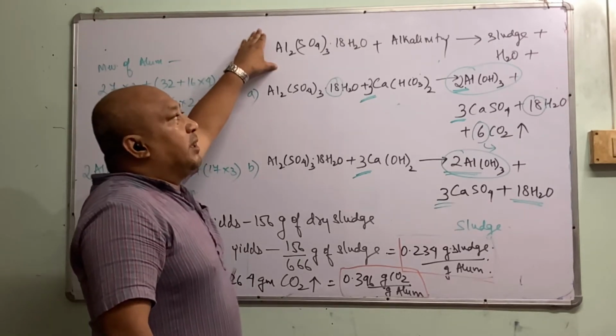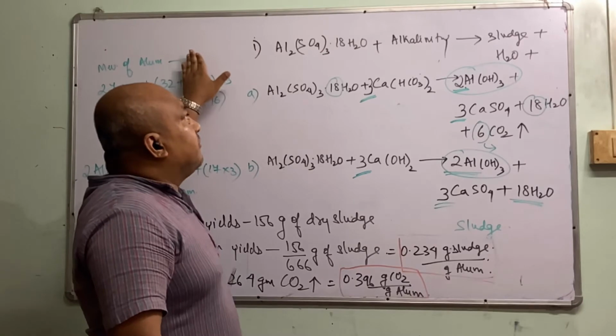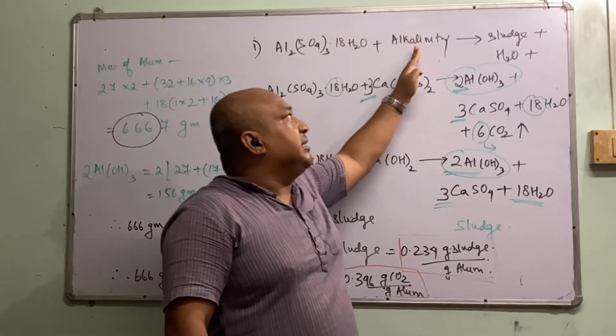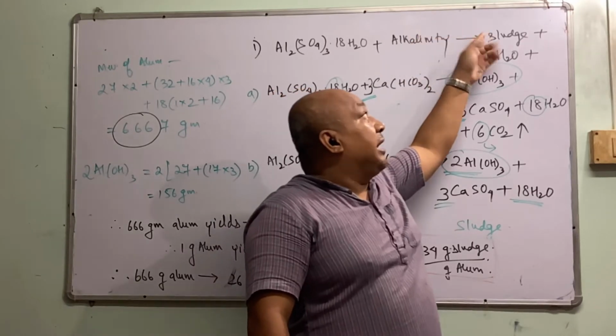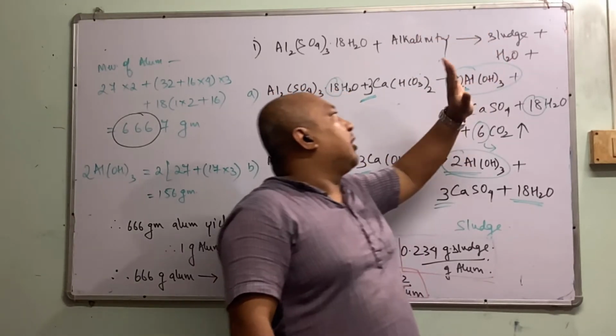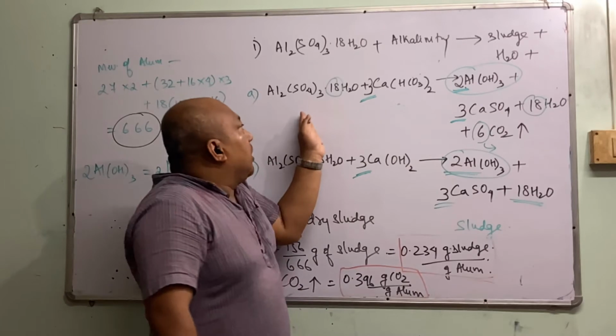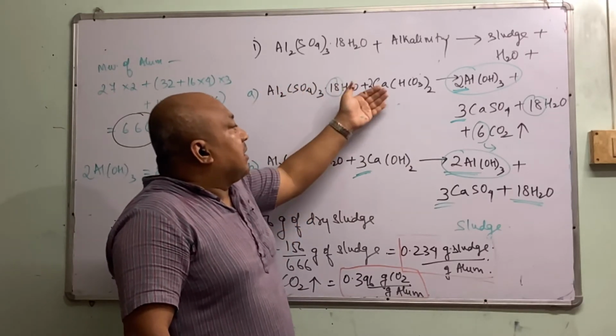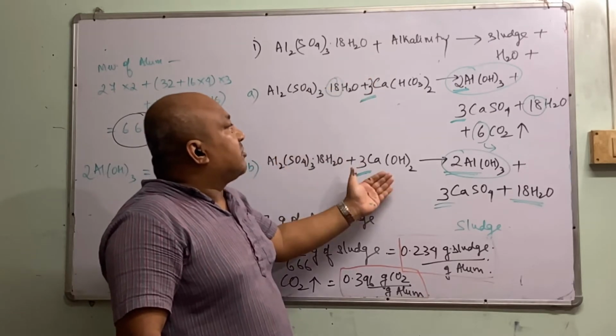When you add alum in the water to remove turbidity and colloids, if alkalinity is there, it consumes the alkalinity and forms a sludge along with the colloids and then a water molecule. Alkalinity is due to 3 types of ion: carbonates, bicarbonates, and hydroxide.